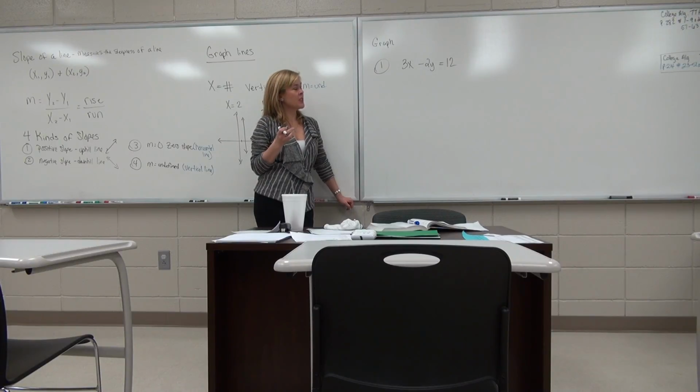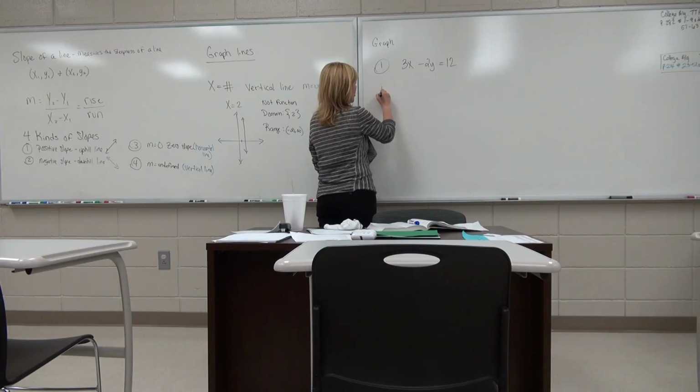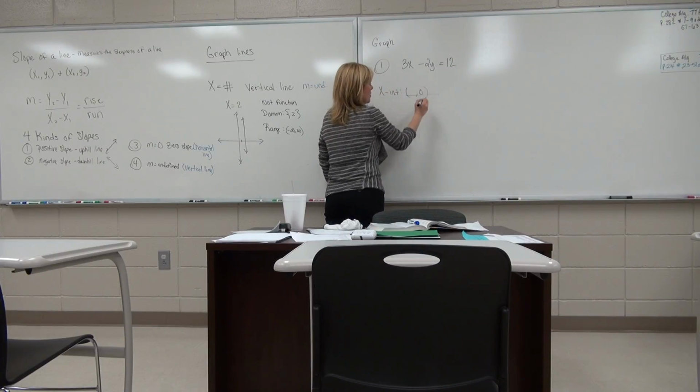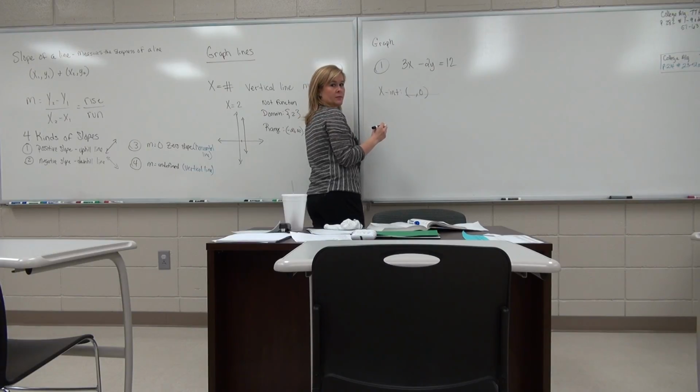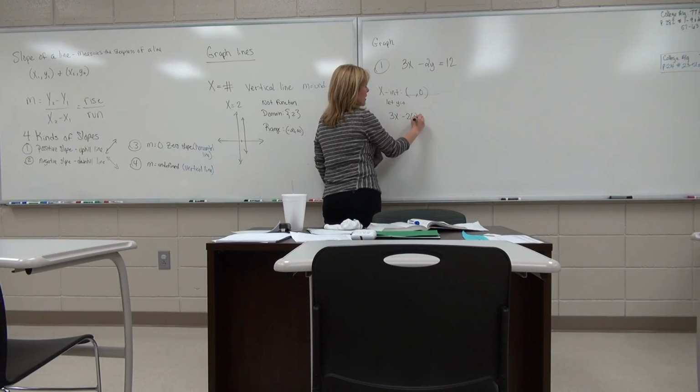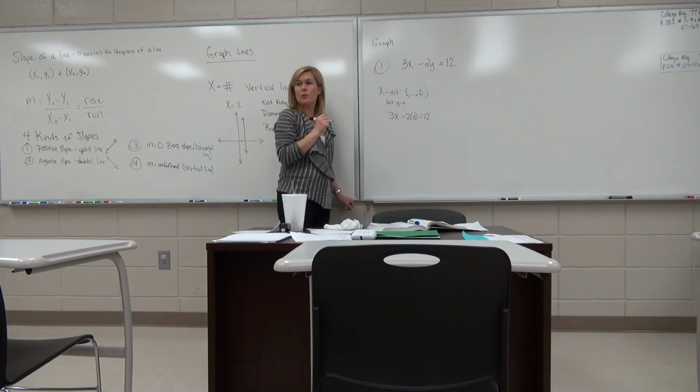Well, if you're told to graph this line, and you want to do it by x and y intercepts, you need to find your x-intercept. Well, you find the x-intercept by letting y be 0. So that's when I have 3x minus 2 times 0 is equal to 12.